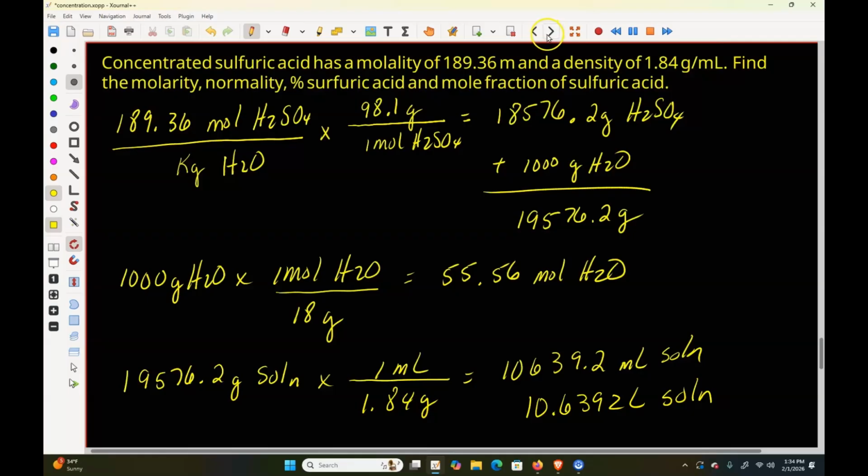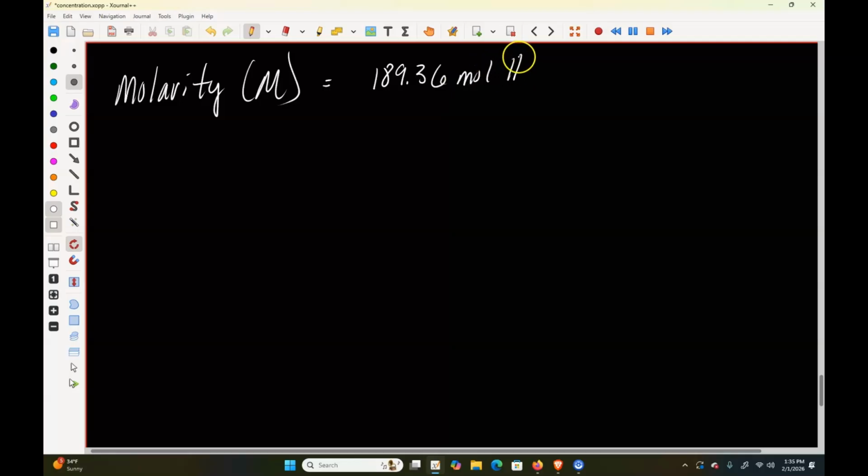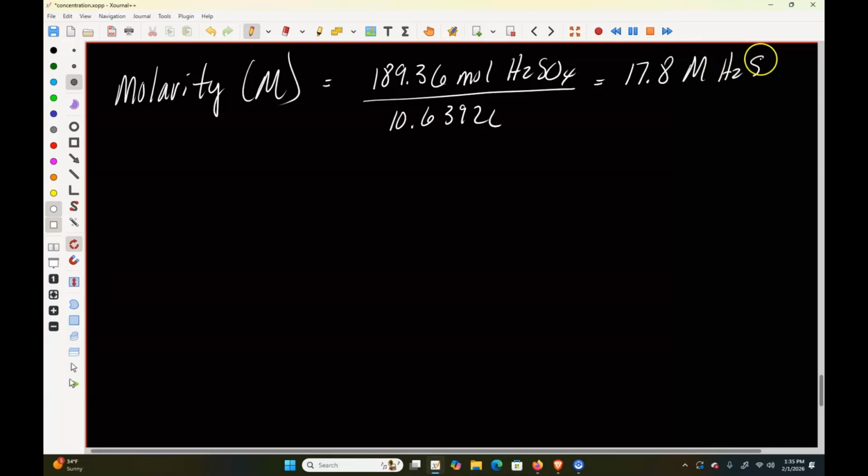All right, so first of all, let's solve for molarity. Large M. Molarity is equal to the moles of solute, we said was 189.36 moles, per liter solution. We found that to be 10.6392 liters. That gives us 17.8 molar H2SO4.